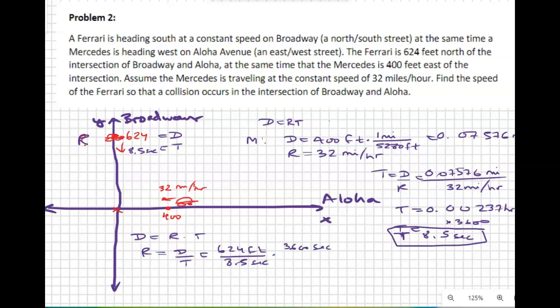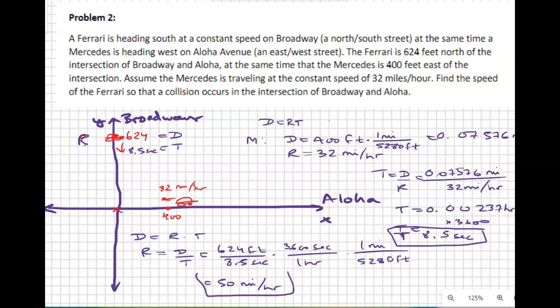There are 3,600 seconds in 1 hour and 5,280 feet in 1 mile. So we have 624 times 3,600 divided by 8.5 divided by 5280. This is 50 miles per hour.